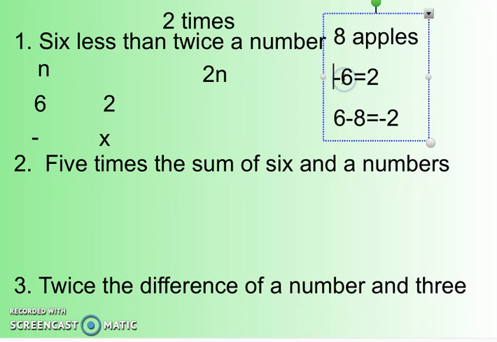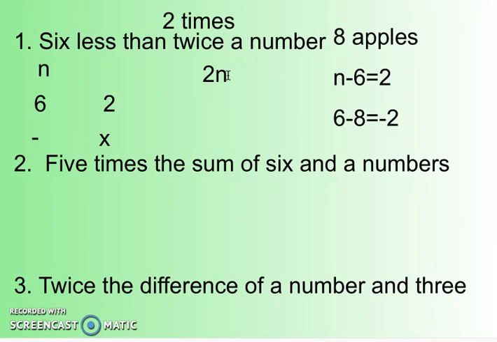Well, let's say we don't know our numbers, so put an n in there. The 6 would have to come second. So same thing up here. Where would the minus 6 go? Would it go before the 2n or go after it? Exactly. It would go after it. And so we're going to do minus 6, and I'm going to move this up so that you can actually see it.